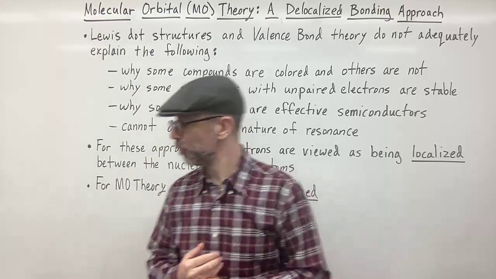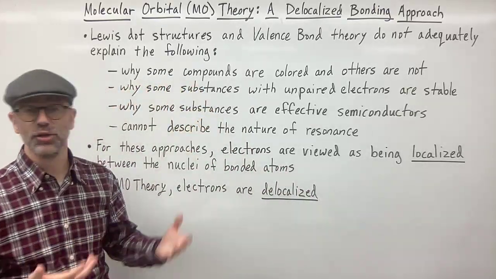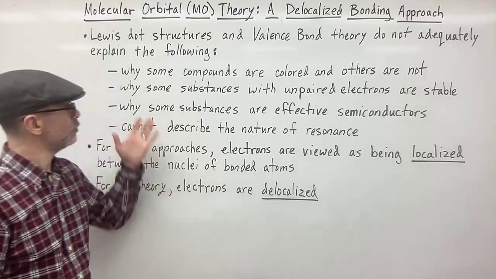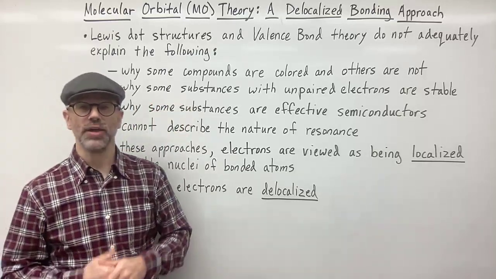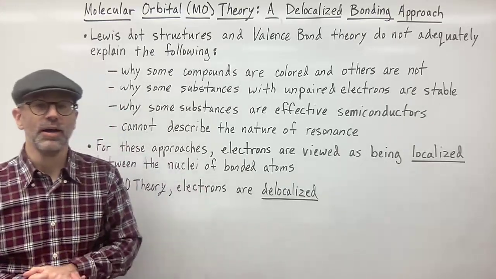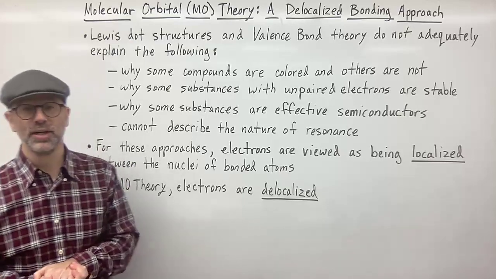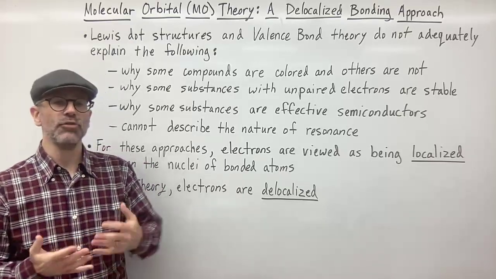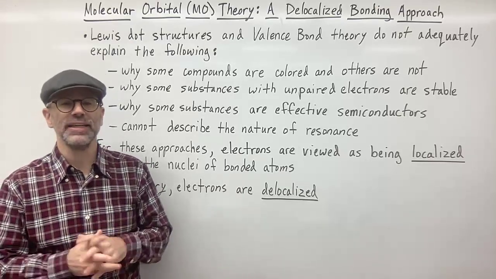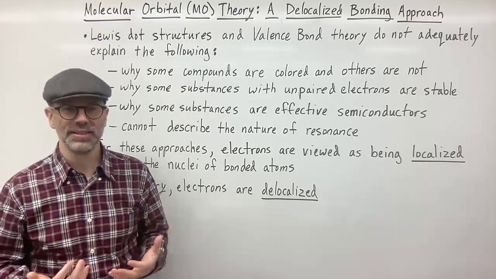So, for example, why are some compounds colored and others are not colored? Why do some substances with unpaired electrons, why are they stable and some aren't? Why are some substances effective superconductors? And also, one thing that they don't really explain very well is the nature of resonance, right?